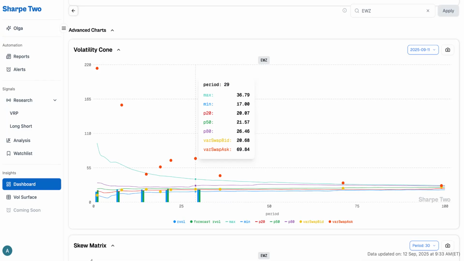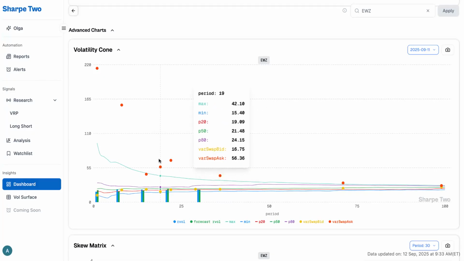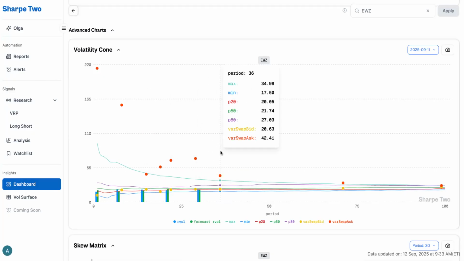The books start to be much more sparse, and ultimately, if you look at the quote at exactly 3:45, you will see a massive bid-ask spread, where the bid is going to be at 20.68 and then the ask at 69 something. That's obviously wrong. Trying to get a mid price as well is unrealistic.